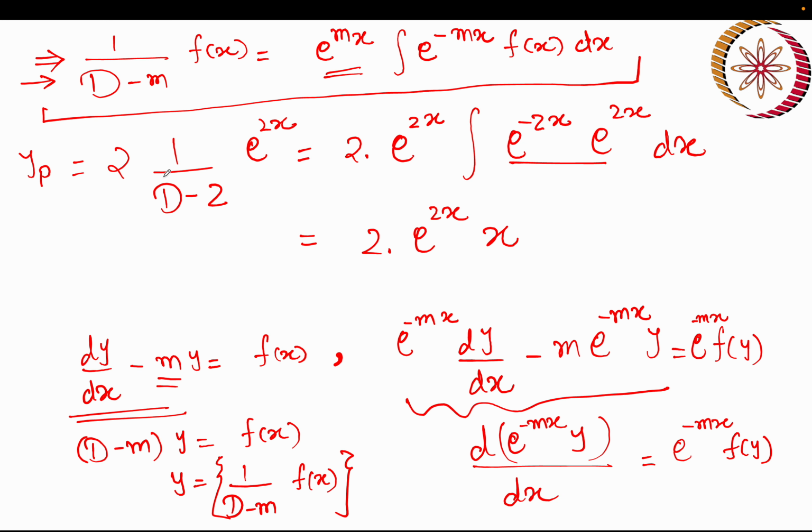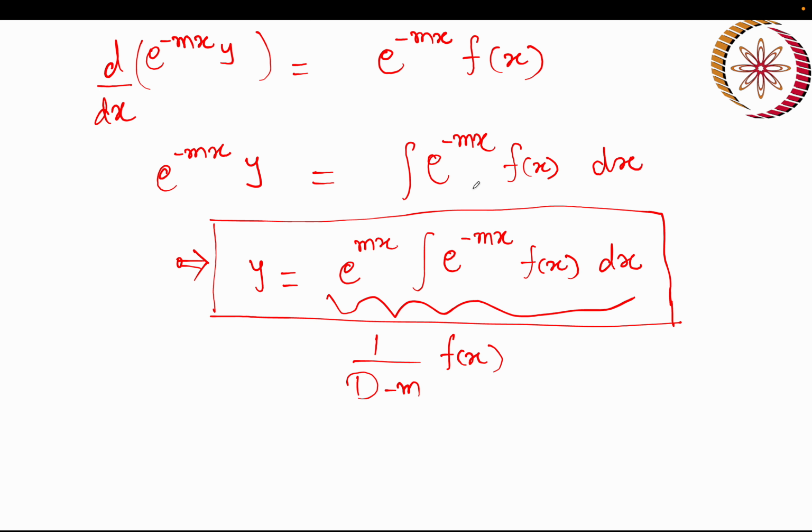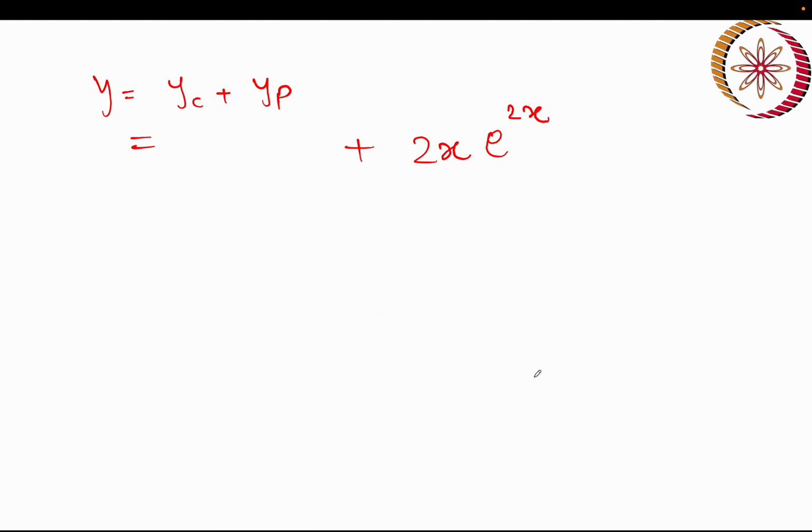Let's go back and see what we have got. y particular we have found to be 2 e raised to 2x into x, and y complementary is c1 e raised to 2x plus c2 e raised to minus 2x. So this is the total solution.